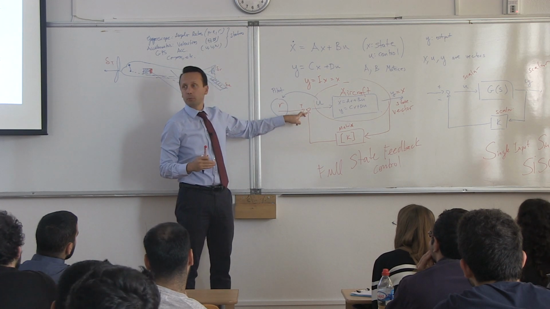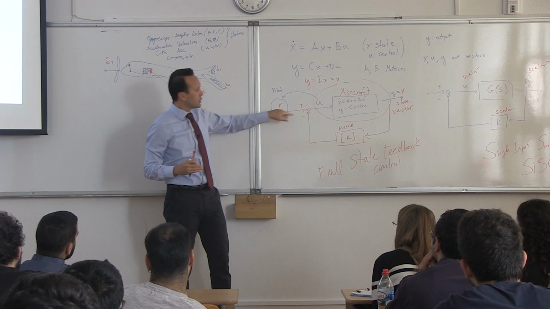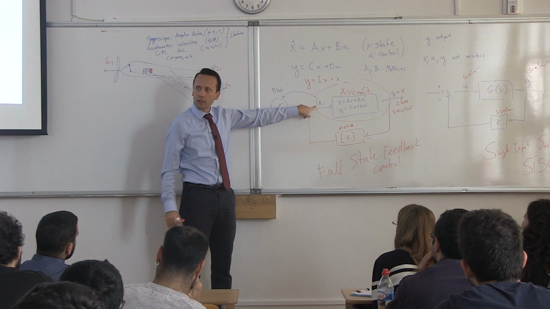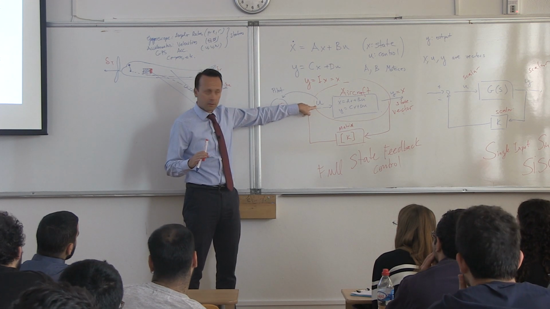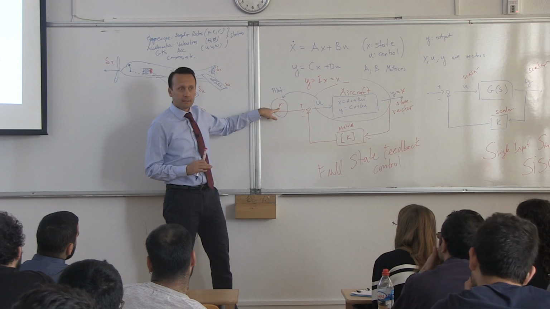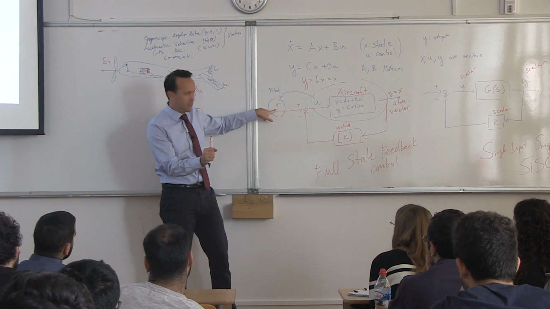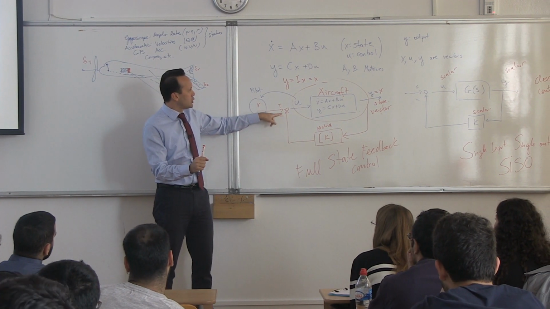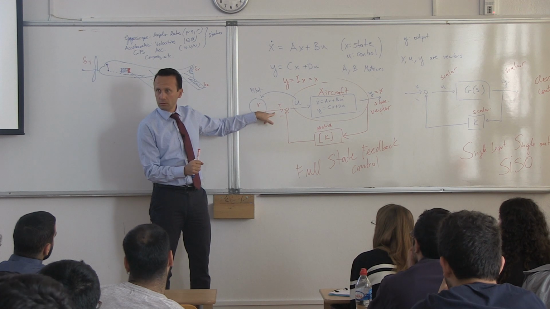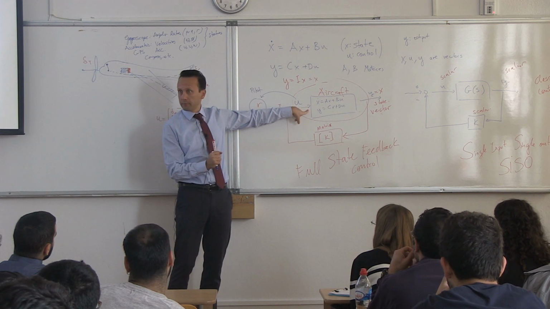We are not sending the input as it is, because when the pilot was here, he was directly connected to the control surfaces. Now he's no more connected to the control surfaces. He's here. The pilot stick, the pilot control, is now R. So we will intervene, change his control, change his input, and send that to the aircraft.